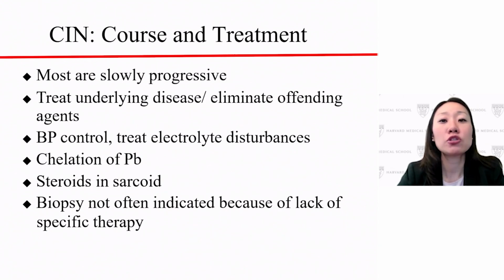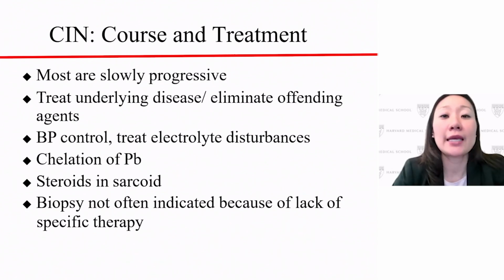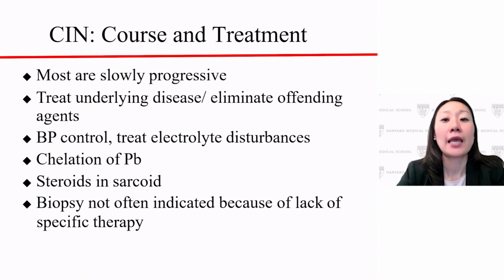And the key to treatment is to identify the offending agent and remove the offending agent, or to treat the underlying infections or systemic diseases. In some cases, a course of steroids may be warranted for the treatment of acute interstitial nephritis as well as kidney biopsy. We also talked about chronic interstitial nephritis and the diverse etiologies that can cause chronic interstitial nephritis, as well as its course and treatment.